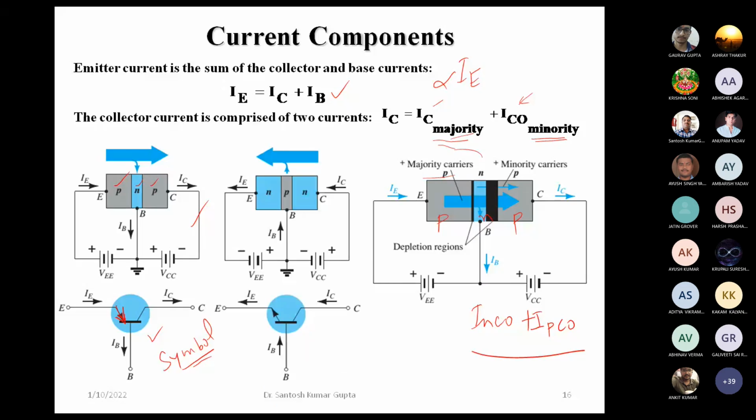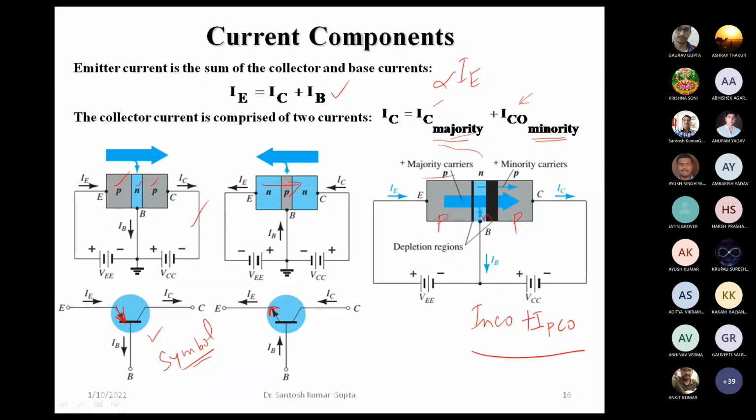Similarly, we can see this for the NPN transistor, where the arrow is from the base into the emitter. These show the current directions. The charge carrier, the electron, we have seen is emitted from the emitter into the base and then collected by the collector.